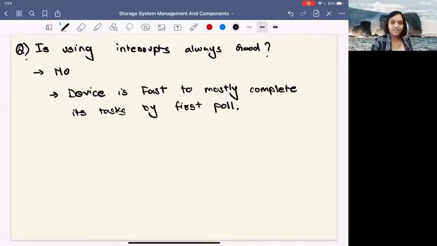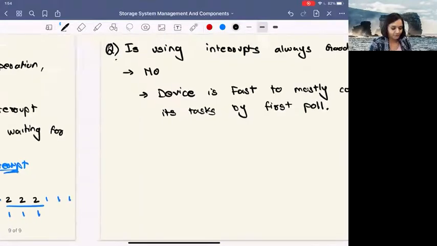So in such a scenario where the device is really fast, every time by the time of the first poll itself, the device has already done the task that it's supposed to do.